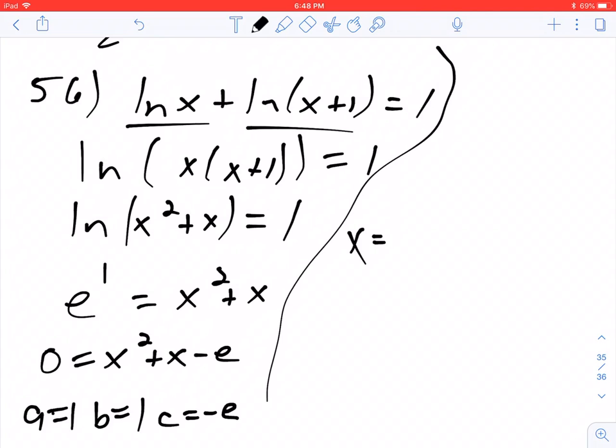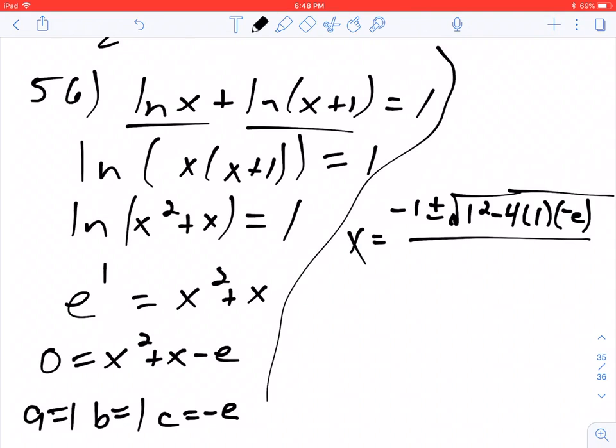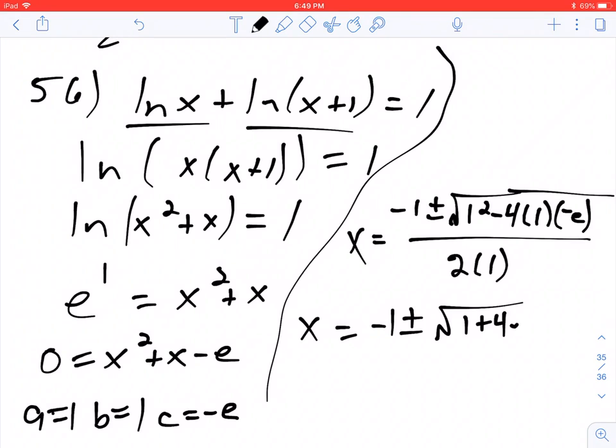So the quadratic formula is negative b plus or minus the square root of b squared minus 4 times a times c, all over 2 times a. Now, condensing that down, -1 plus or minus, you can see that is 1 squared, which is 1, minus 4 times -e. So this becomes 1 plus 4e over 2.